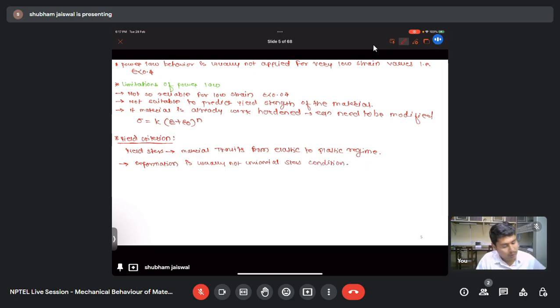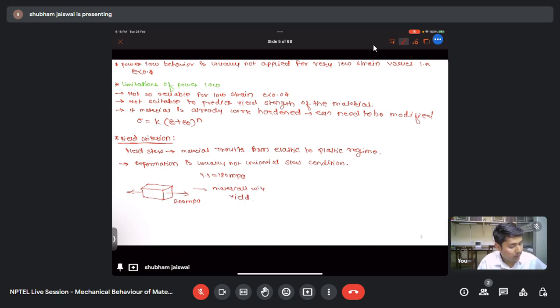Okay, so then we have seen, like, one material is there and we have applied a stress of 200 MPa, unidirectional load, and its yield strength is suppose 180 MPa. So what will happen? This material will yield.